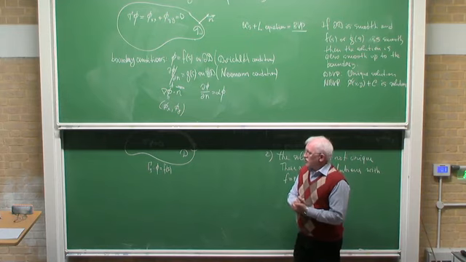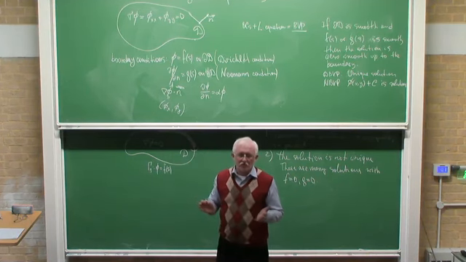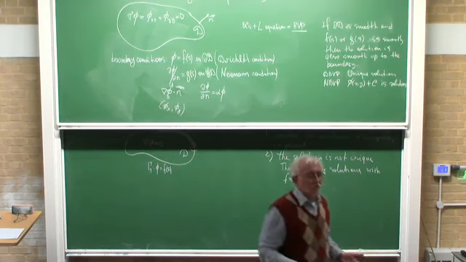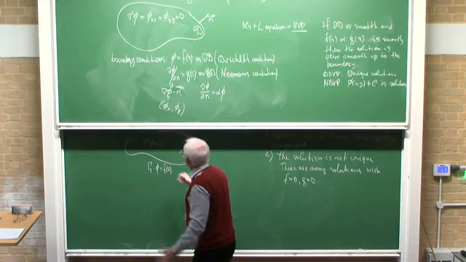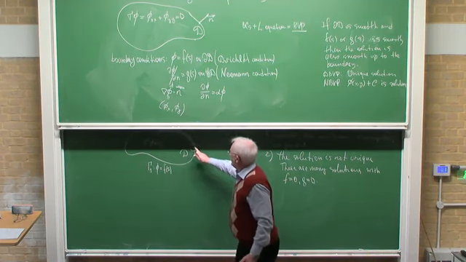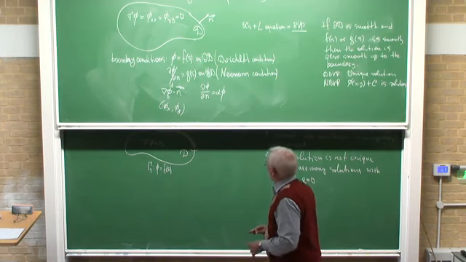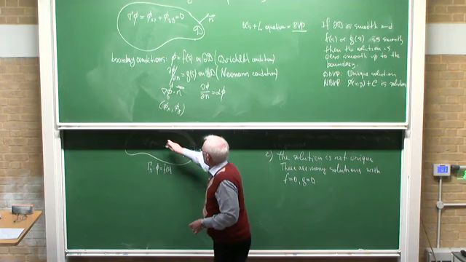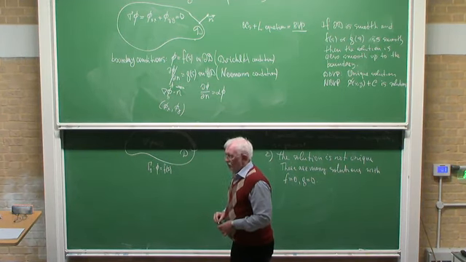For a general shape, we can solve this problem only numerically, right? With boundary elements or finite elements or finite differences. But as I said, all of them have difficulties with that point. In particular, for finite elements, there are now so-called super elements.